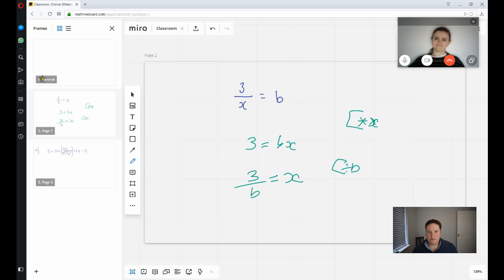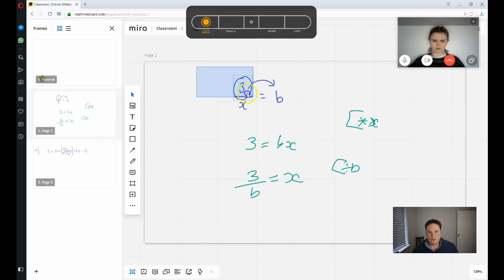So in reality, when you're doing these things, notice 3 was on top here, and then it ended up on top on the other side. Every time you do these 2 steps, the thing on top just ends up on top on the other side. So if you remember that, you don't have to bother doing the 2 steps.